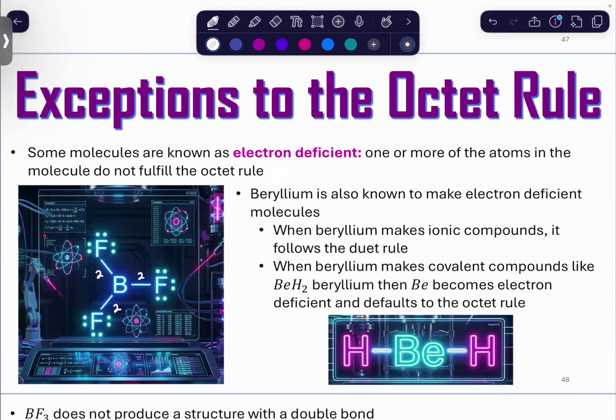Your beryllium has two and two, so that has four electrons around it, making it electron deficient. Remember, we said beryllium follows the duet rule when it makes ionic compounds, but defaults to the octet rule and becomes electron deficient when it makes covalent compounds.